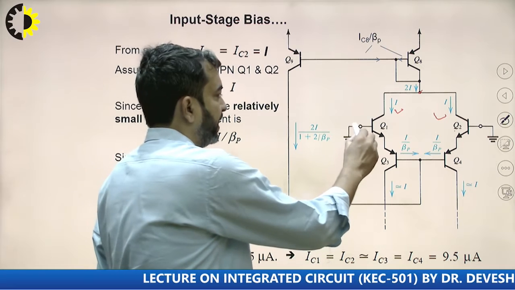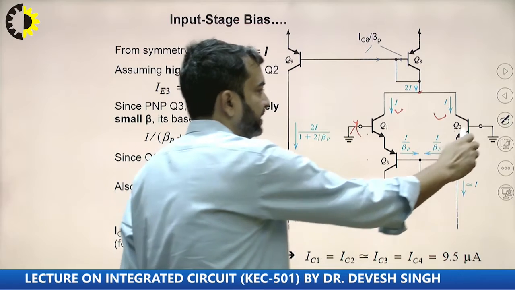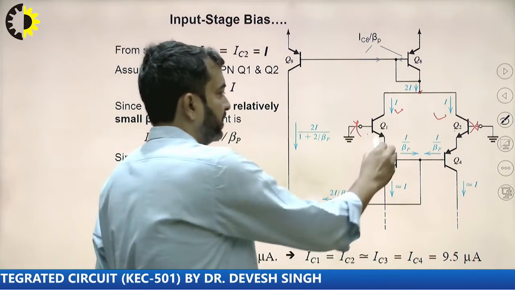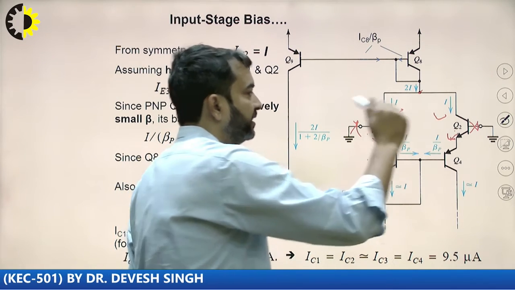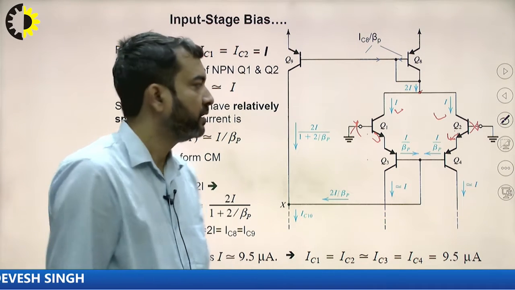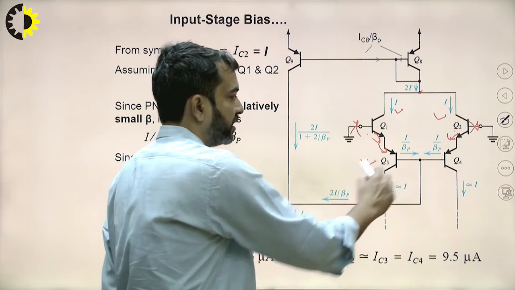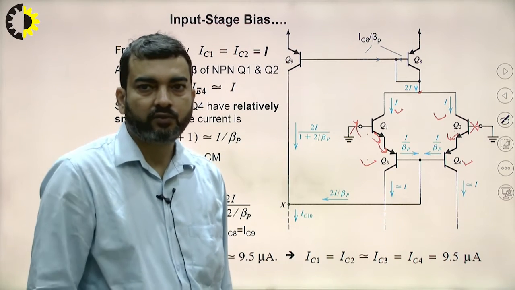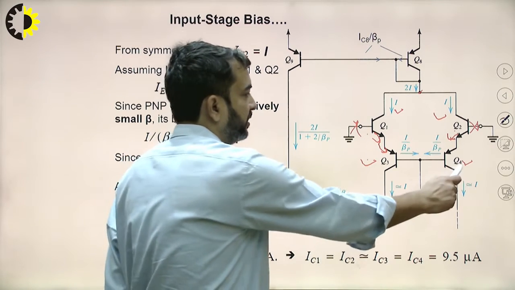Assuming high beta, there will be no current in the bases of transistors Q1 and Q2. So the same current will be available at the emitters of transistors Q1 and Q2, and the same current is supplied to the emitter terminals of transistors Q3 and Q4. So we can get the idea of the base current of transistors Q3 and Q4.